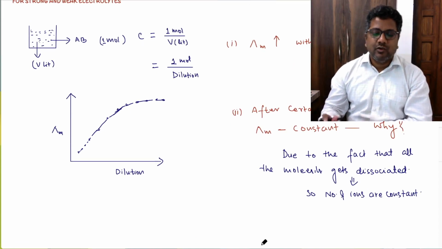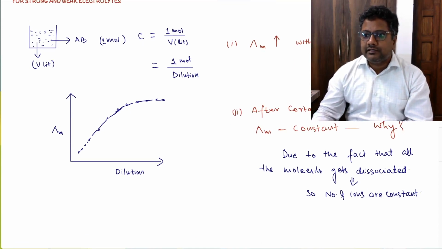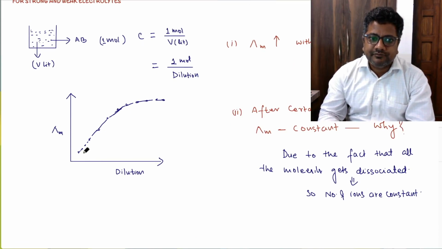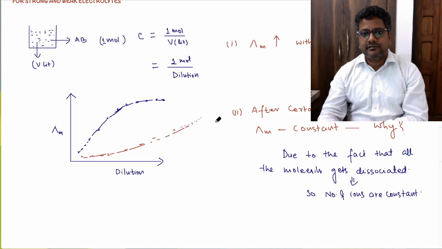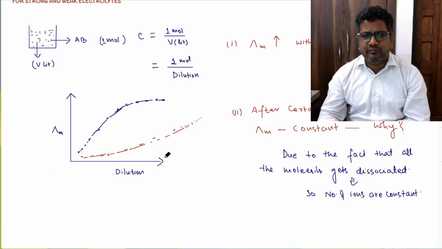Now it is clear. Okay, when we see the molar conductance for another type of electrolyte, we will get this, and as we keep increasing the dilution, slowly this will increase, this will increase.